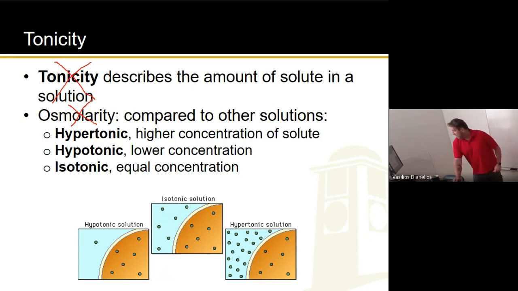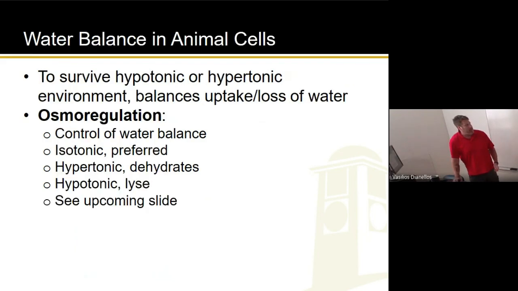All right, this brings us to why this is important for biology. Because to survive a hypotonic or a hypertonic environment, your cells have to balance the uptake of lost water. In other words, you cannot be a free-for-all. Just like anything else, your cells have to regulate what comes in and out of it, right? And that's where we get osmoregulation.